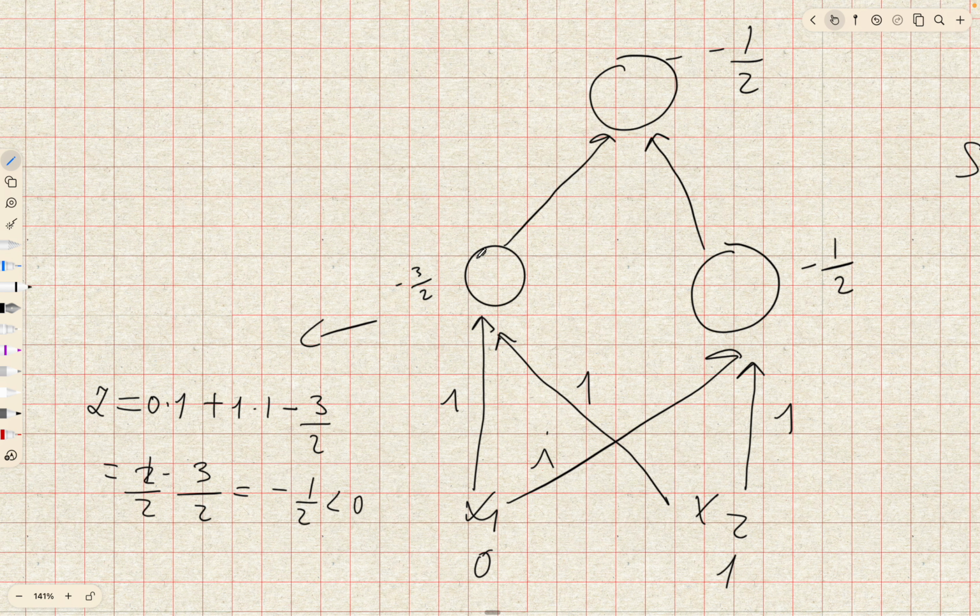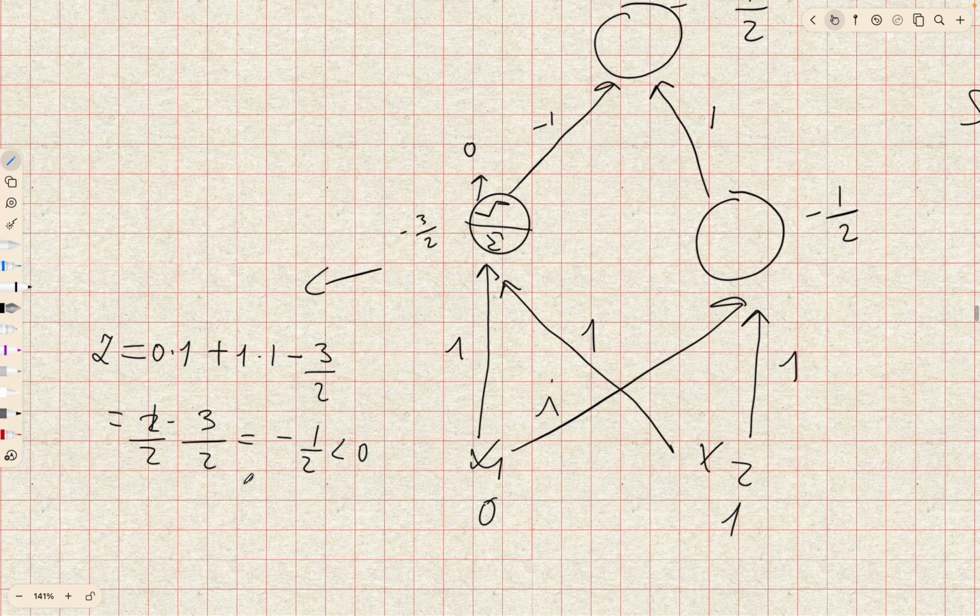We do it inside here. We calculate the weighted sum, and then we apply the step function. I also forgot to write the weights here. And our step function will give us 0, because z is less than 0.